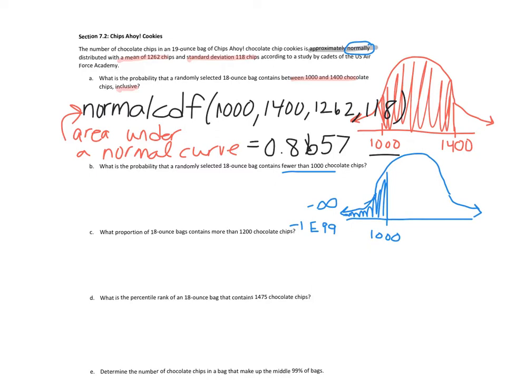All right, and we saw in our calculator video how we do that. Okay, so normal CDF, because that's area under a normal curve. Lower bound, negative infinity. Upper bound now is 1,000. We always read it left to right.